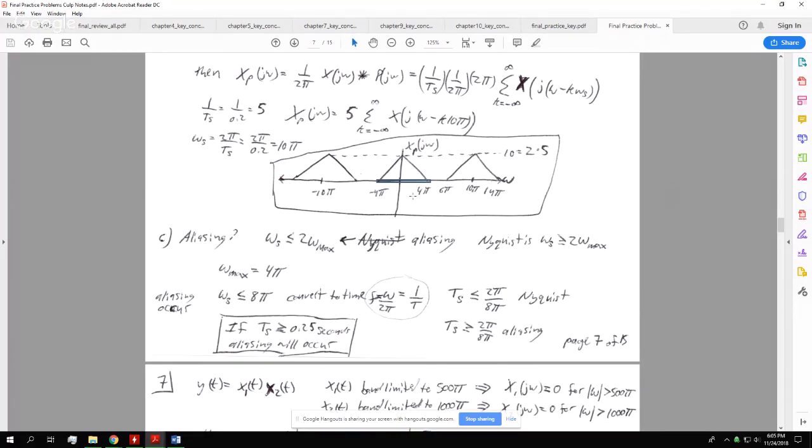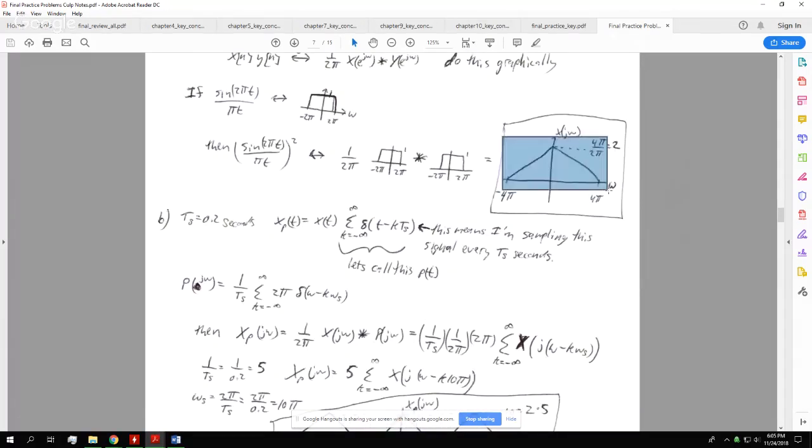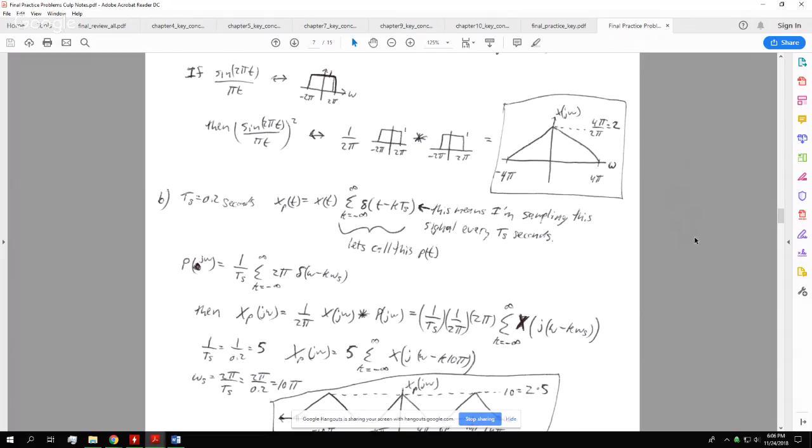We have a frequency at 1 pi, 2 pi, 3 pi, and we have an amplitude at each of these frequencies given by this function, right? So if this was our example here, this signal is band limited to 4 pi. That's what band limiting means. It just means your maximum frequency.